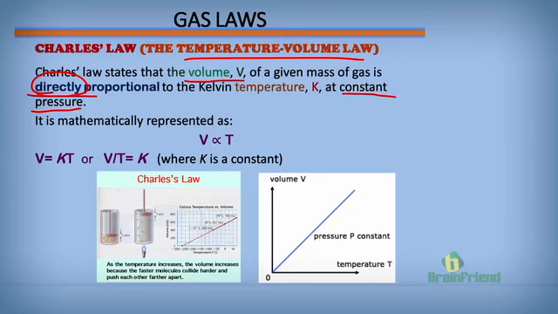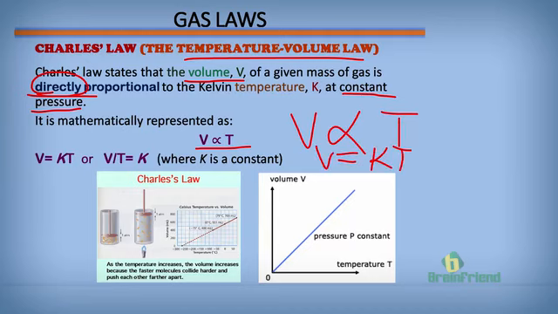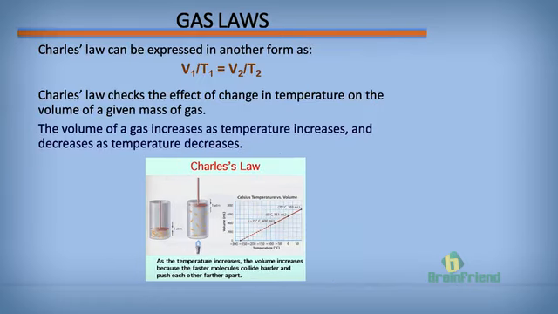So we have a mathematical representation of Charles' law where V is directly proportional to T. Therefore, V is equal to KT, where K is a constant. With the graph, we can represent Charles' law as volume against temperature, where volume increases as temperature increases.